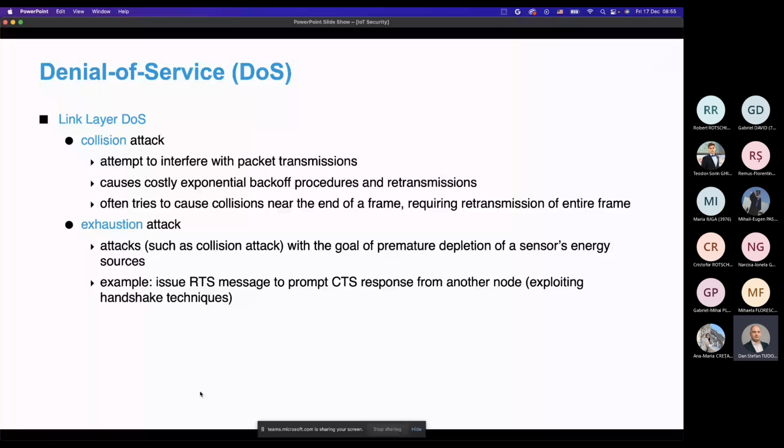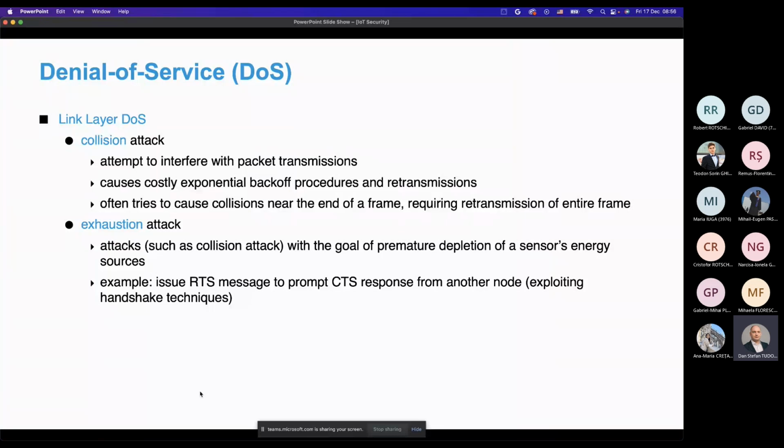And this is a different type of attack. It's called an exhaustion attack, in which the malicious entity has the goal of depleting the sensor's energy resources. So especially when we're talking about mobile nodes, if a sensor always has these messages corrupted, they will always try to send and resend and resend until their batteries are depleted.